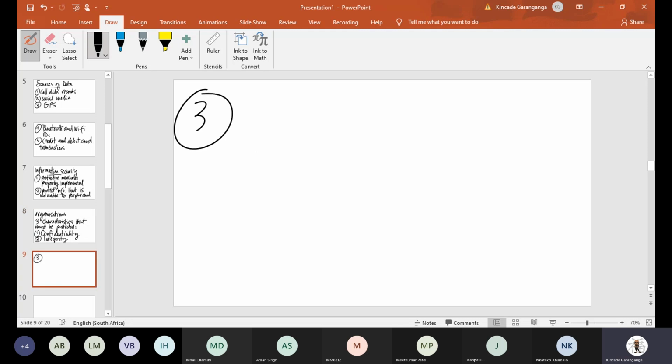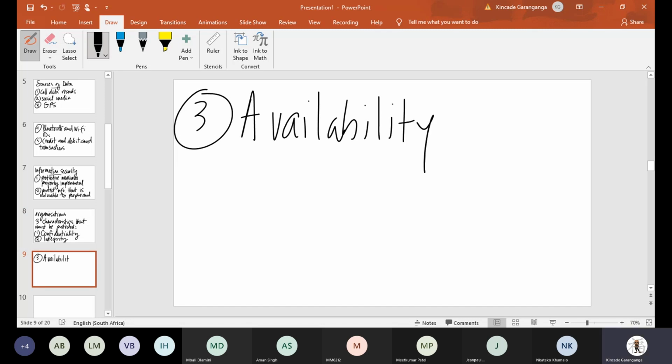And then the third thing that you want to look at is what they call availability. What this means is that the data is accessible to the authorized user. So whenever you need that data, if you are an authorized and permitted user, it is accessible to you.